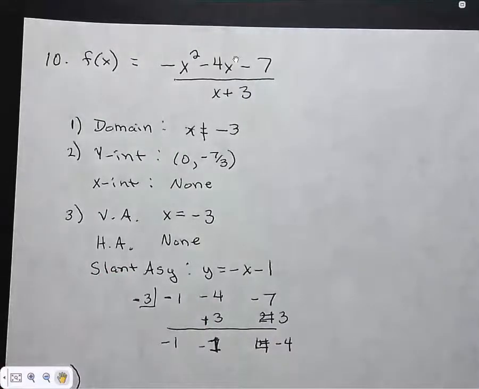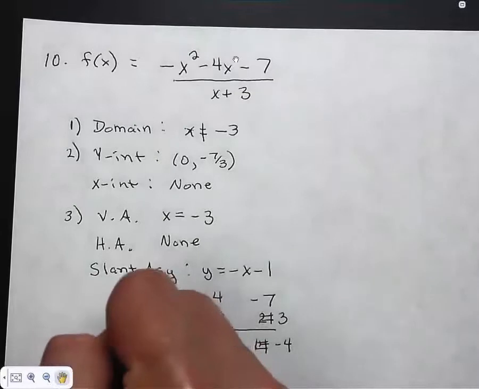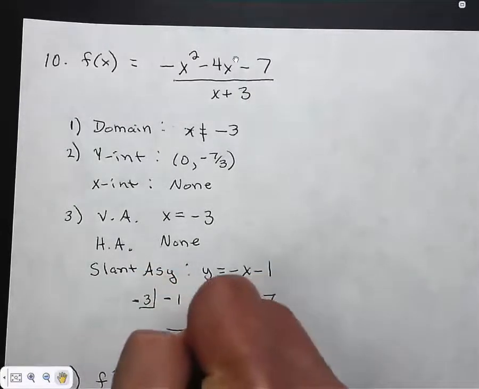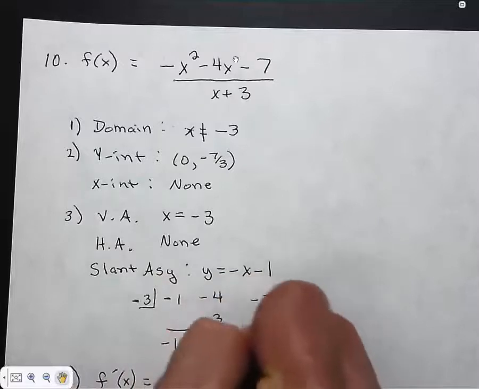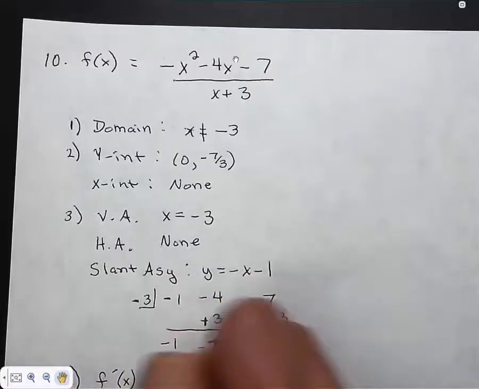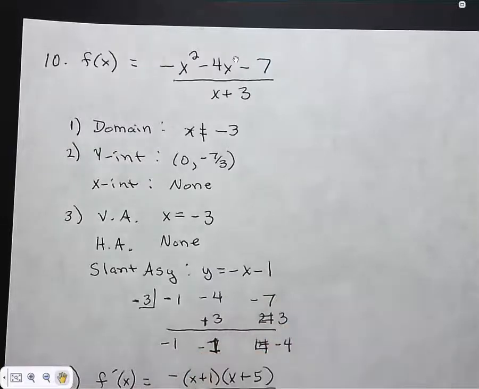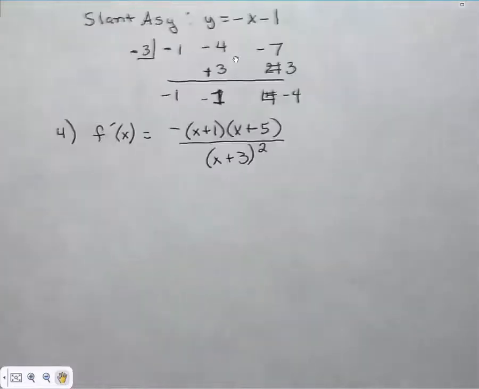And I think, just for time's sake, just to get this problem done, I'm going to go ahead and tell you what I got for the first and second derivatives. That's what I got for the first derivative.